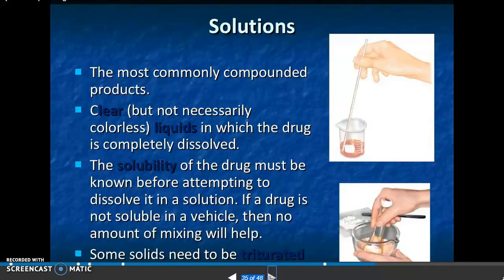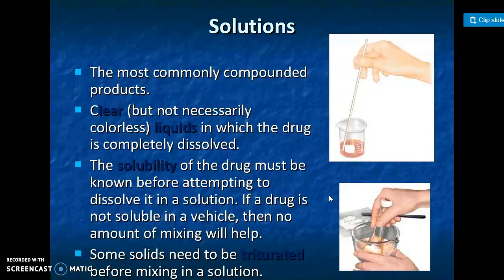For example, some drugs may not dissolve in water or in that particular liquid. If you put them together, there's a problem because you can't unmix them. There are methodologies that allow you to understand the solubility of a drug before mixing. If a drug is not suitable in a particular vehicle, then no amount of mixing will be helpful.